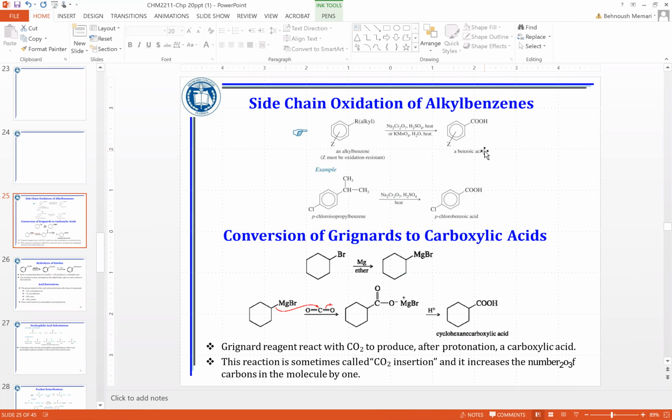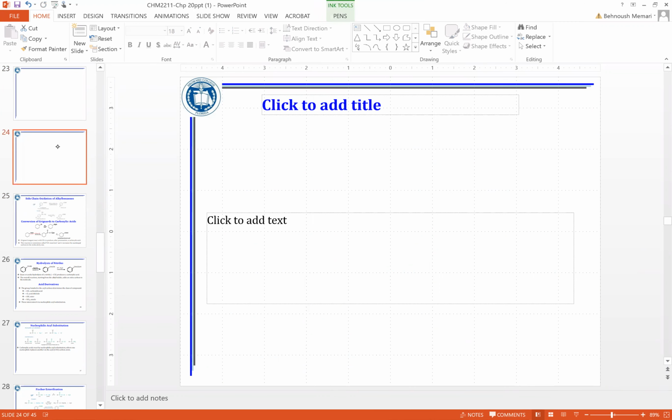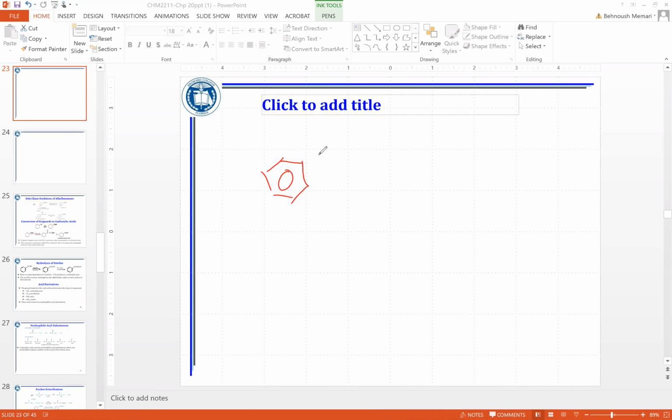For side chain oxidation, you have to be careful, and in order to do oxidation, there must be a benzylic hydrogen. So let's say if you have toluene with KMnO4, it would give you benzoic acid.